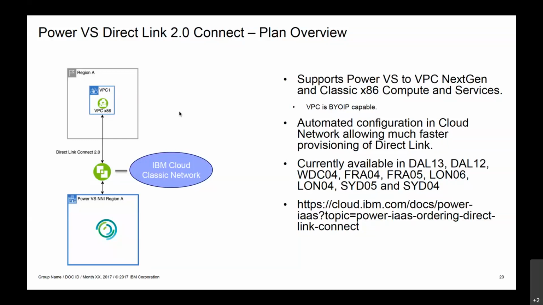So if I'm a client using more than one account, you can now connect between the different accounts. People sometimes want that for security, license purposes, and so on. It can also be metered or unmetered when you're requesting it. Keep in mind that this type of connection, Direct Link Connect 2.0, is still included with the PowerVS offering.